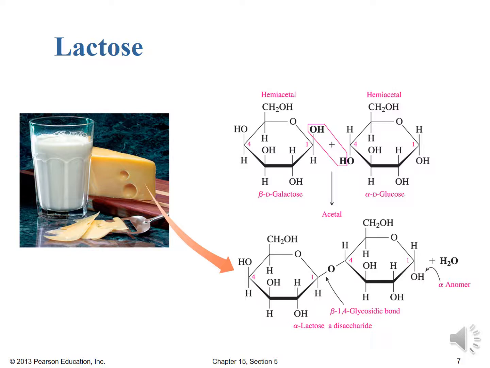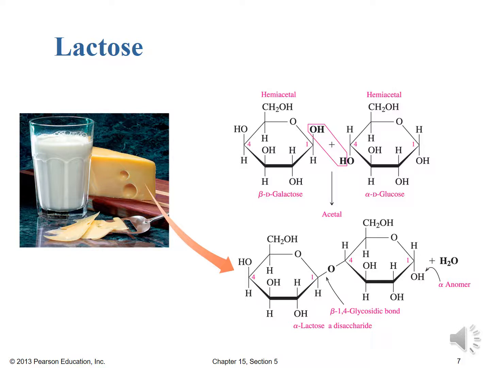notice beta D-galactose has the OH group up above the ring, whereas the alpha D-glucose has that group down below the ring for both the 1 and 4 position here. The beta glycosidic linkage happens because of the beta D-galactose, so that carbon number 1 having the OH group above the ring gives us a beta linkage.